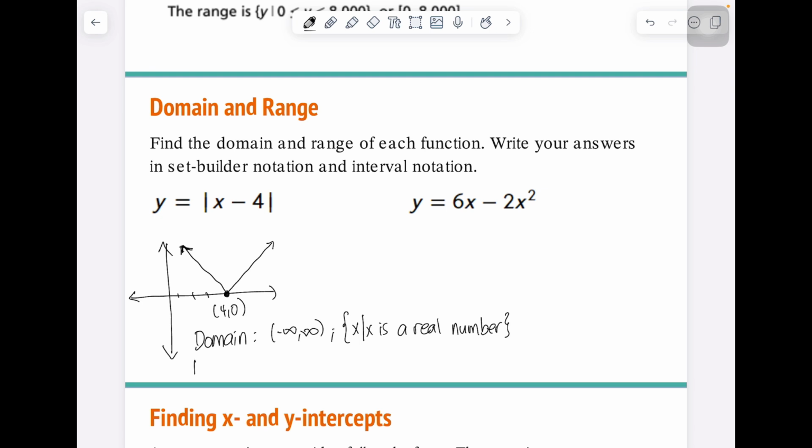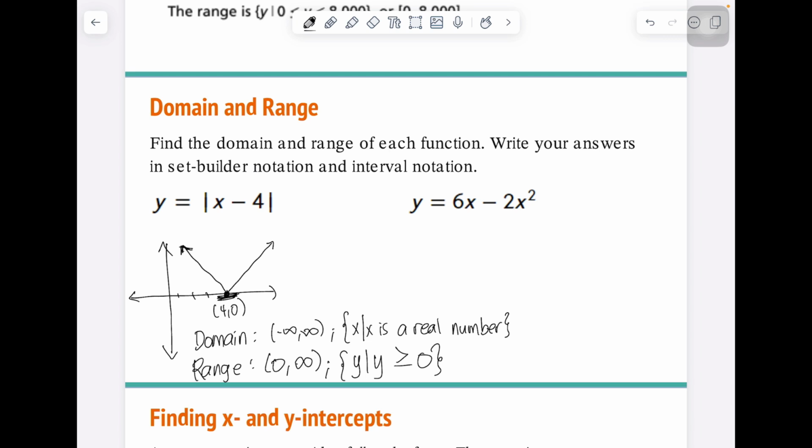Okay, and for the range, for interval, where does it start? From 0, right? So 0 to +infinity, or in set builder notation, y such that y is greater than or equal to 0.